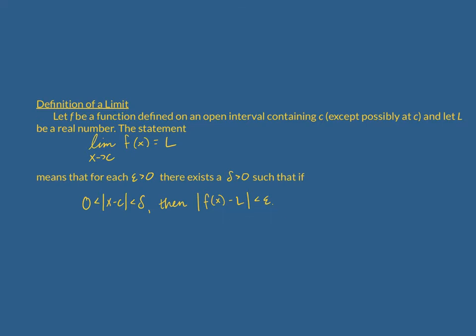That's the formal definition of a limit, and it's really just a way of describing how close we can get to a function value as we approach that x value.